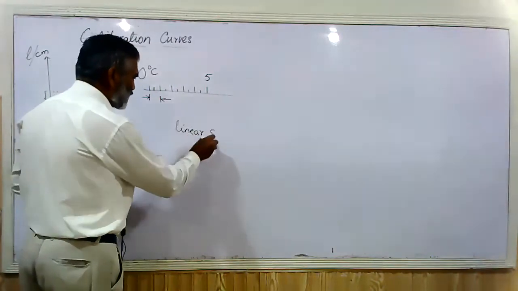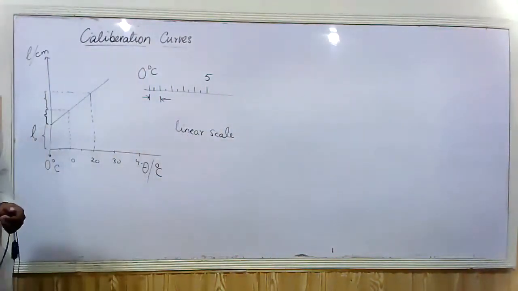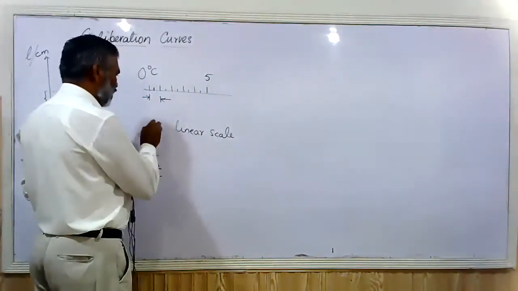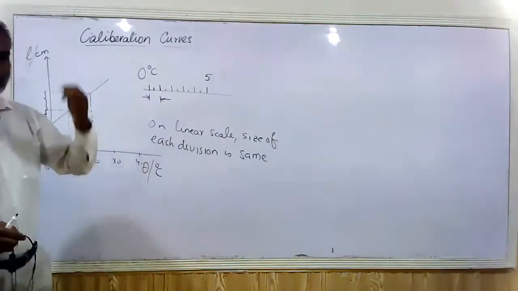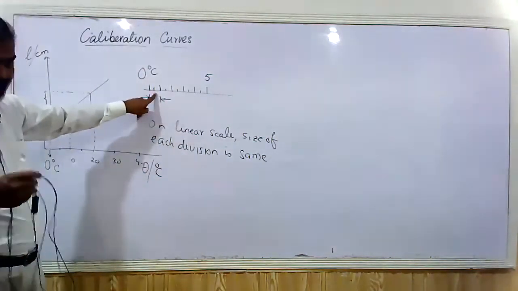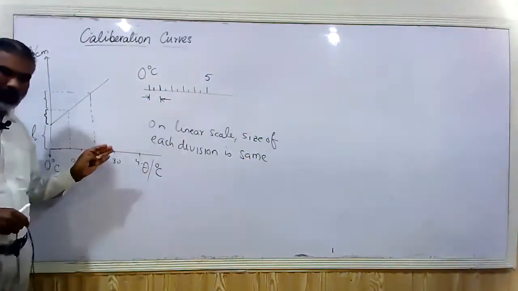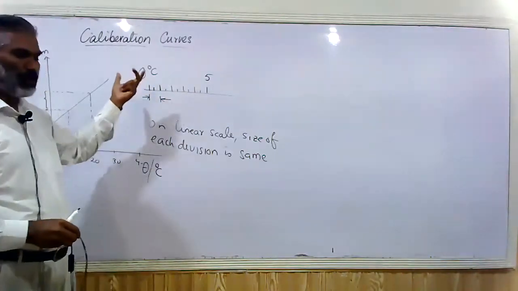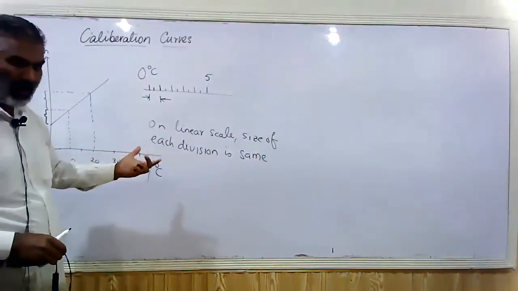So on a linear scale, the size of each division is exactly same. So I get exactly the size in centimeters of the length by which the mercury column has increased. So this is, let's say, 0.5 centimeter or 0.6 centimeter, whatever it comes out to be.